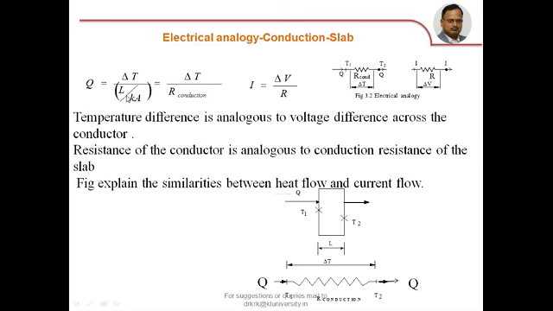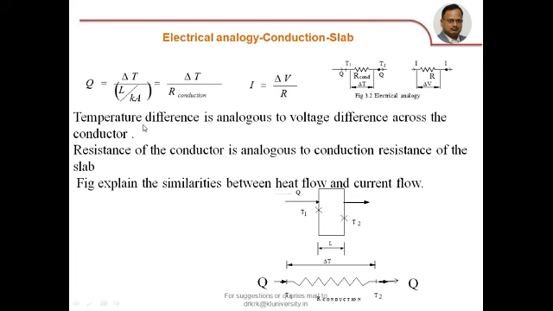And the formula for conduction resistance, I repeat, is L by KA, where L is the thickness of the slab in the direction of heat flow, K is the thermal conductivity of the slab material, and A is the area normal to the direction of heat flow.